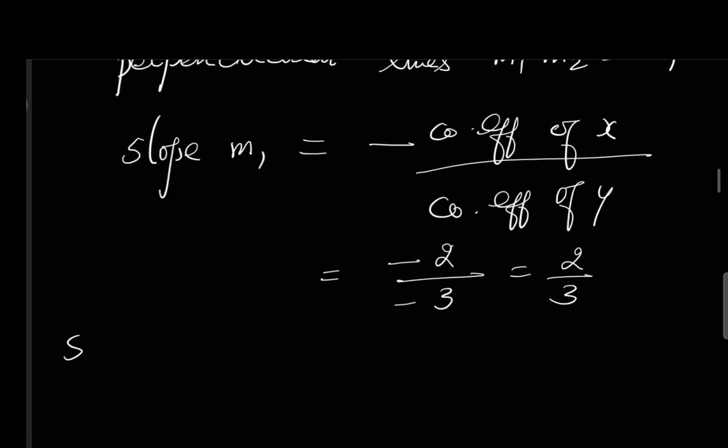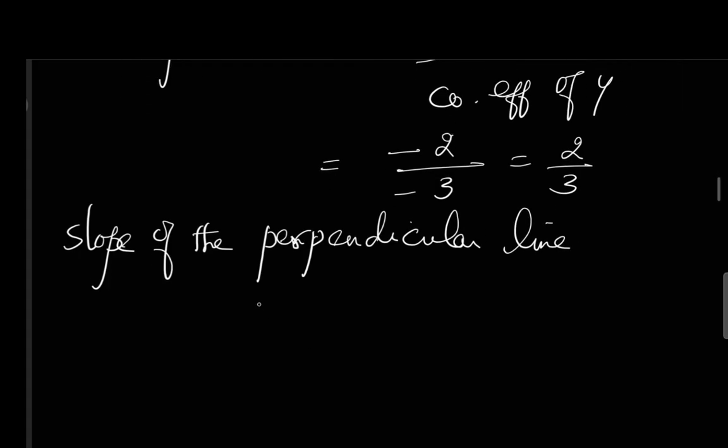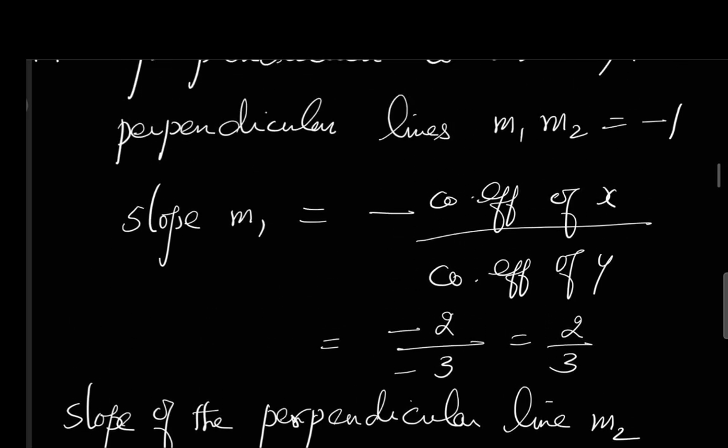So the slope of the perpendicular line, m2. m2 is equal to, because the product of the slopes m1 into m2 is equal to minus 1, take m1 to the other side.